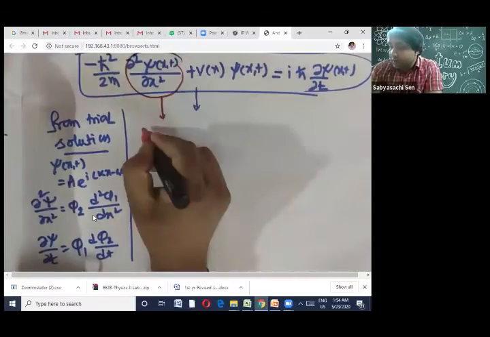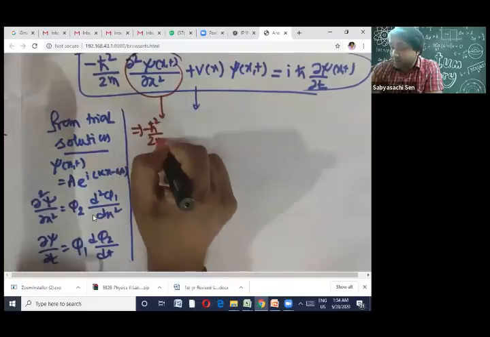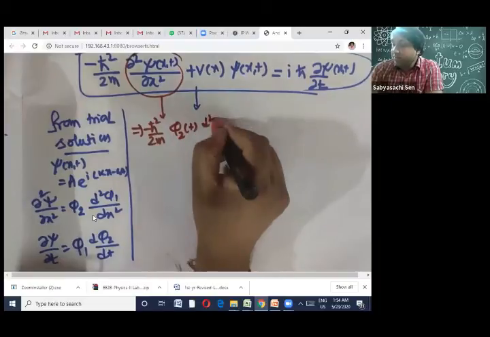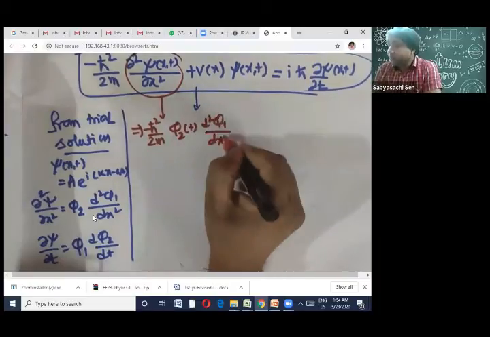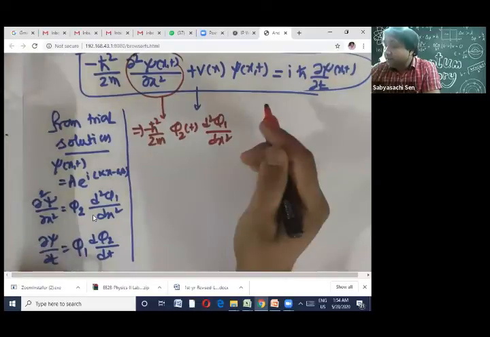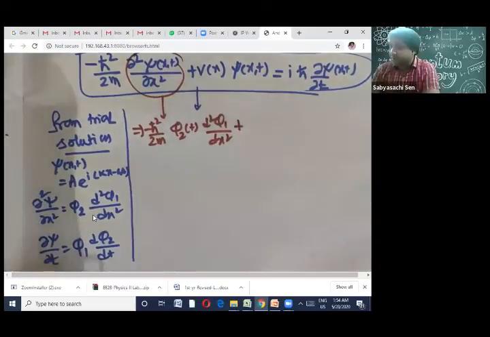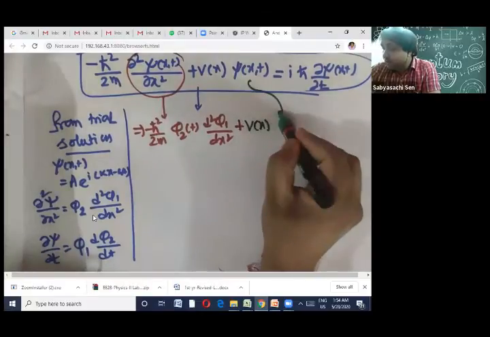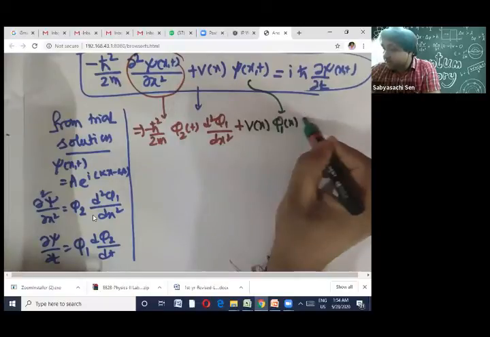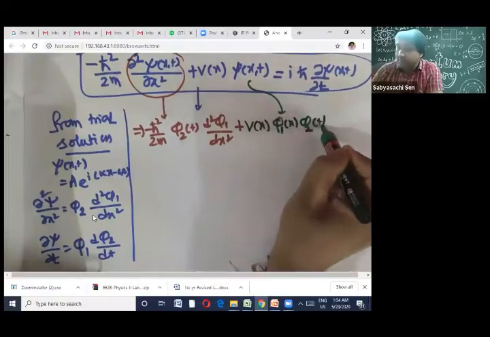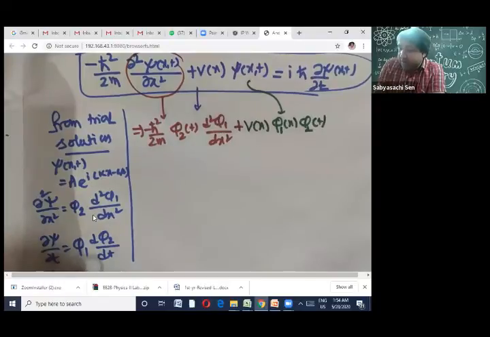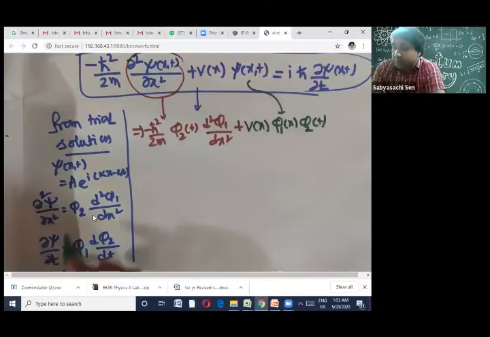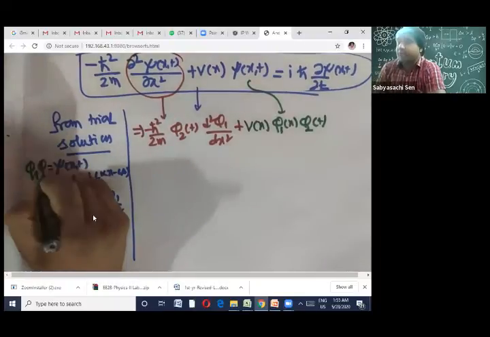So this is minus h cut square by 2m, phi 2 of t, d2 phi 1 dx2. Next, V of x will be unchanged. Obviously, the psi will be replaced: phi 1 of x, phi 2 of t, because psi is nothing but the product of phi 1 and phi 2.